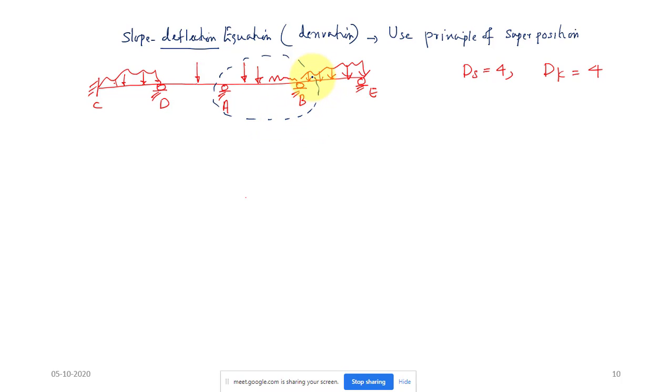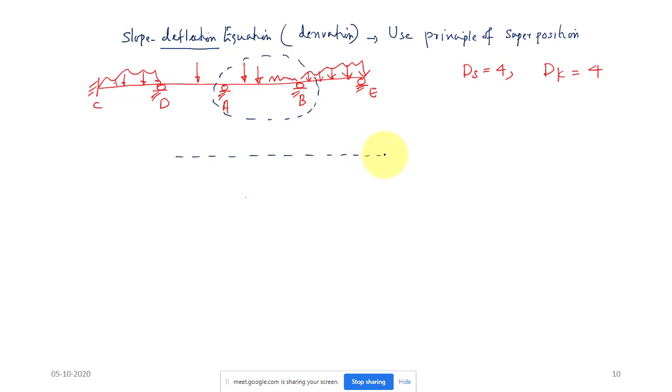Due to some loading, your span AB is going to undergo some deformation. So I will draw the deformed shape like this. Before loading, it was perfectly straight, there was no bending.